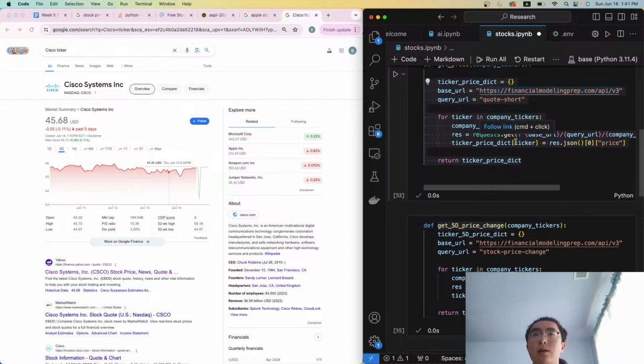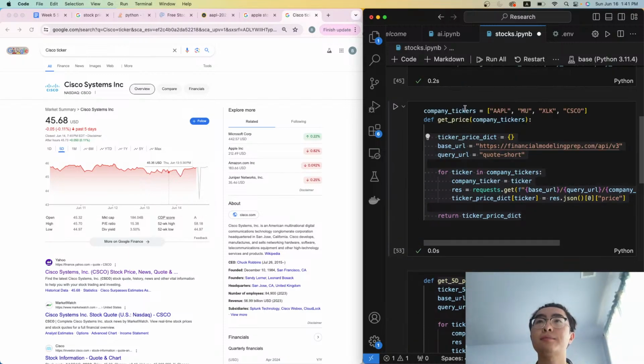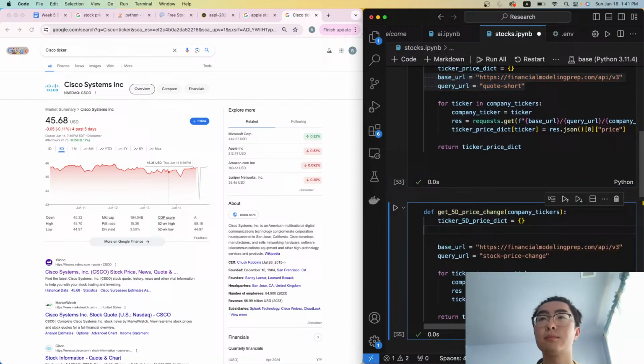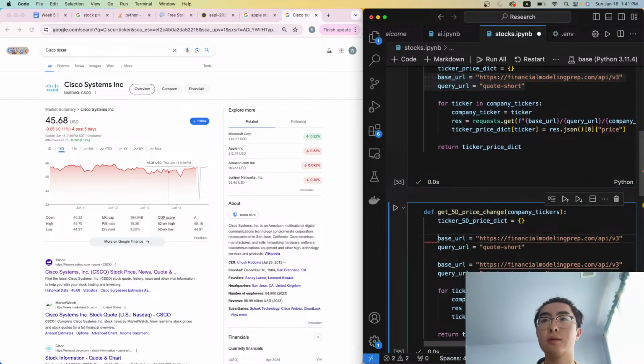So yeah, maybe we could get price 5D. Yeah, I wonder if I'll just do this then. So base URL, this is the same, right?